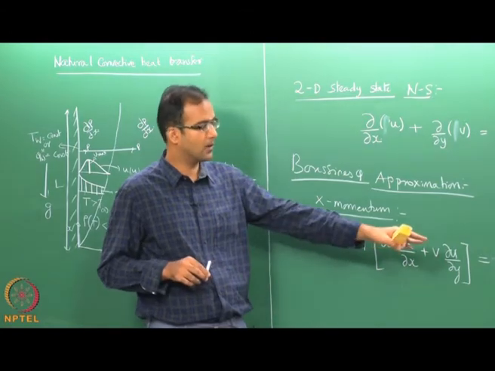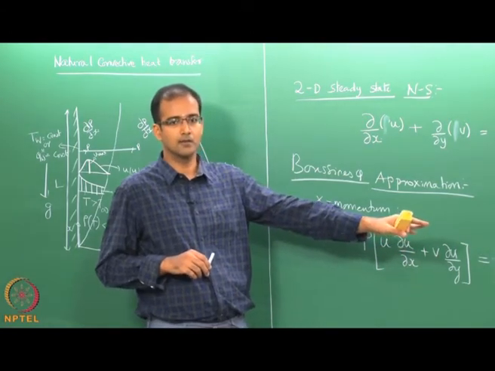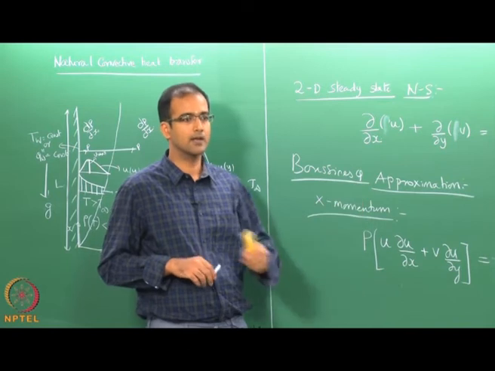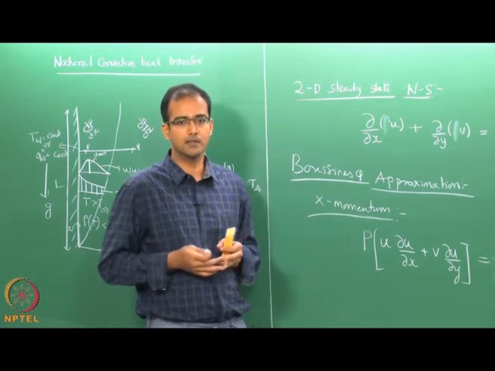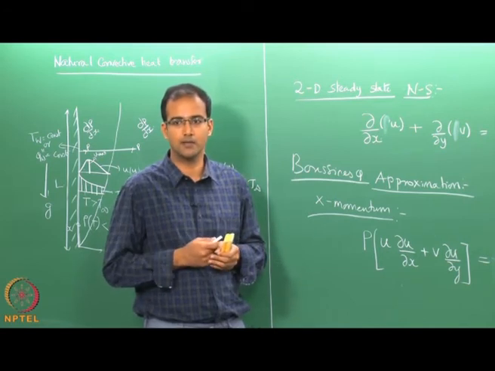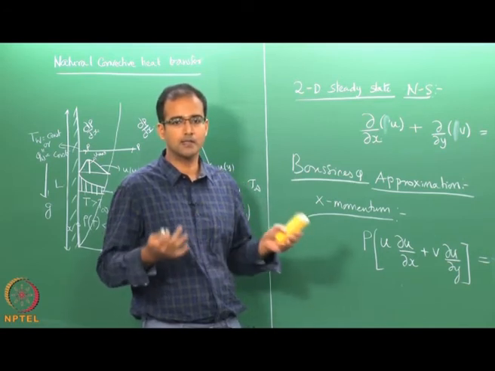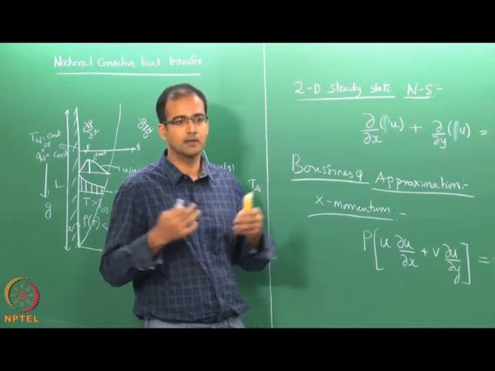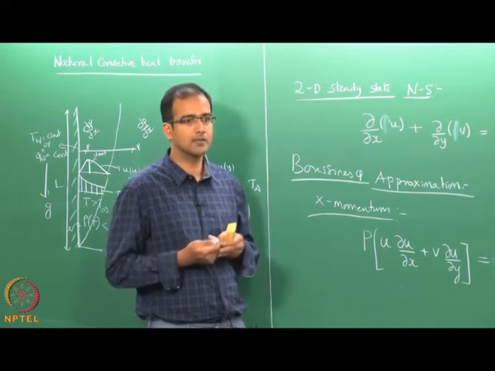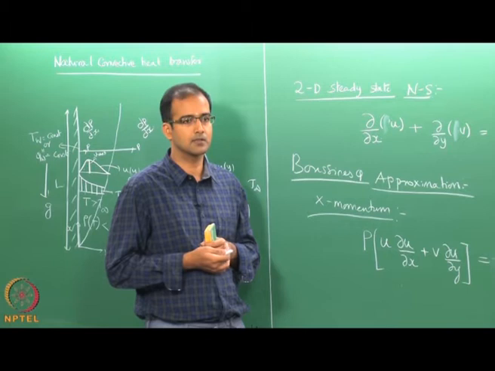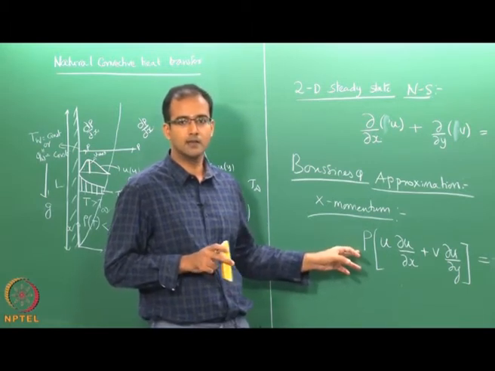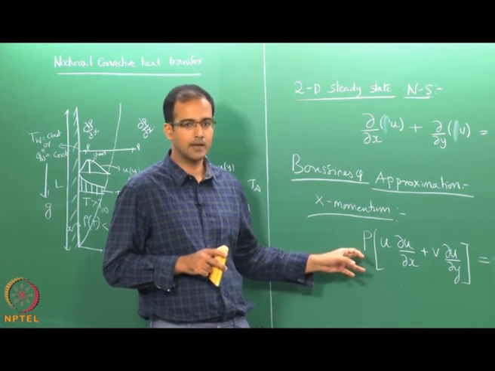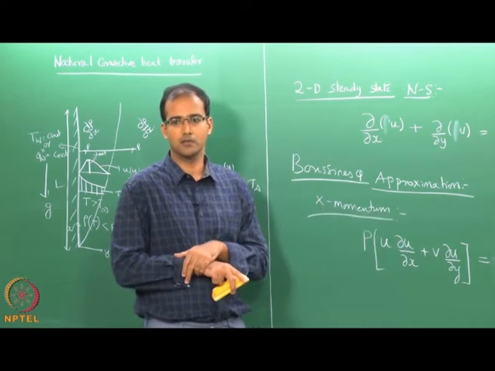If the buoyancy force is 0, then you do not have any boundary layer growth. The boundary layer growth happens in this case only because of this density difference, and what is causing this density difference? Temperature difference. This is where the Boussinesq approximation is used, in the sense we are ignoring the variation of density as a function of temperature elsewhere except in the body force term.